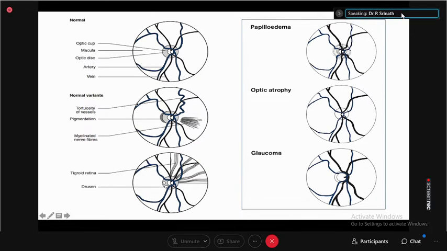There are certain normal variants which are not required for non-ophthalmologists, but what is important for us to know is the central macula, the central optic cup, which is also called the disc, and then veins and arteries. Whenever there is papilledema, the appearance of the cup is blurred. So the optic disc or cup is blurred, and there may be loss of arterial and venous pulsations, which one can see by practice.